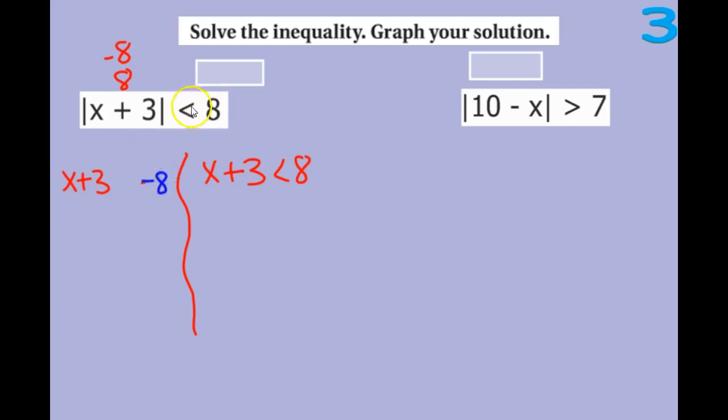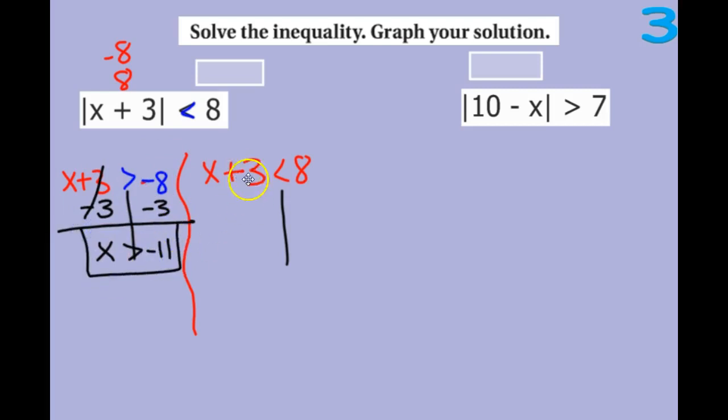But if we're going to do that, we have to flip our symbol the other direction, just like when we divide by a negative, it's like making it a negative, you flip the symbol. We're going to solve these just like normal equations or inequalities. Subtract 3. We have x is greater than, these are all negatives, a negative 11. And over here, subtract 3 as well. We get x is less than 5.